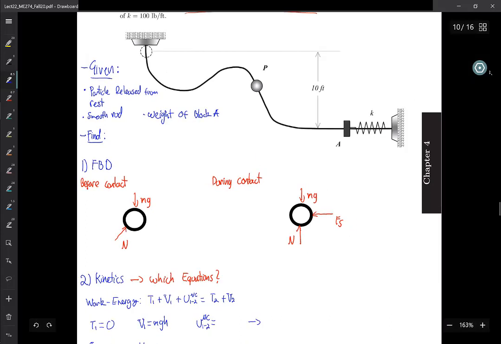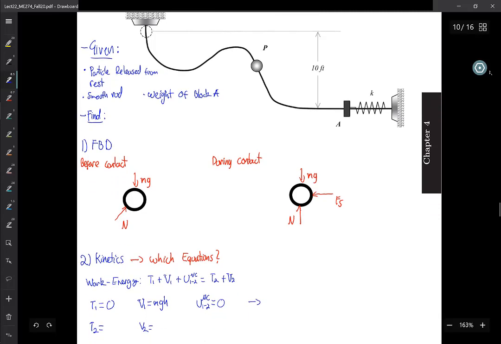Non-conservative work. Okay, smooth rod, the normal force does no work. So no non-conservative work, right? Then in state 2, oh, I need to calculate the maximum compression. Oh, I didn't write that. Maximum compression means that the kinetic energy is 0, right?